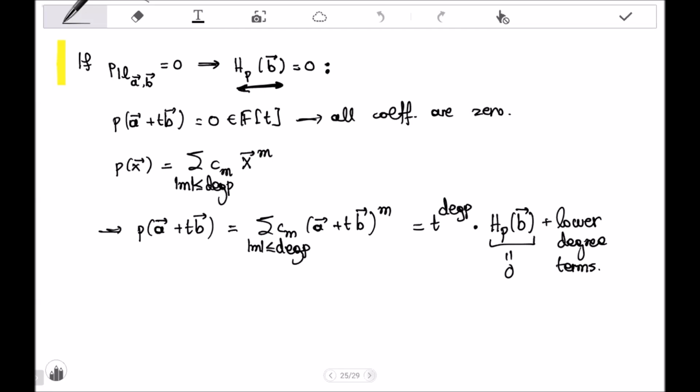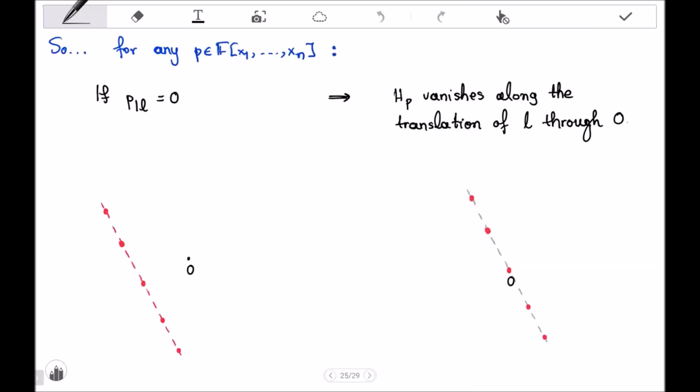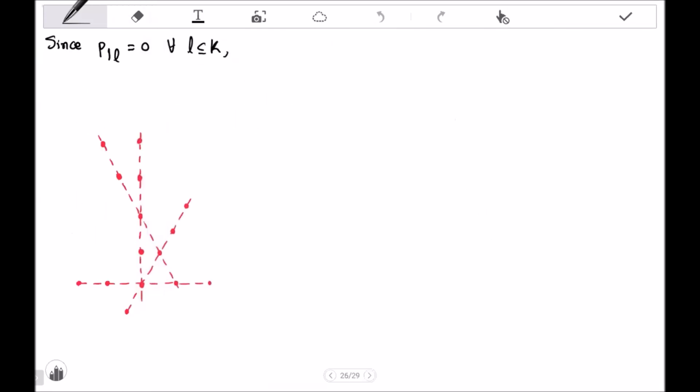So that is what we proved, what Dvir proved, that if a polynomial vanishes strongly along a line, then its homogeneous part vanishes along its translation through zero. And now we apply this for the Kakeya set. We have seen that this polynomial we started from vanishes strongly at all the lines of the Kakeya set.